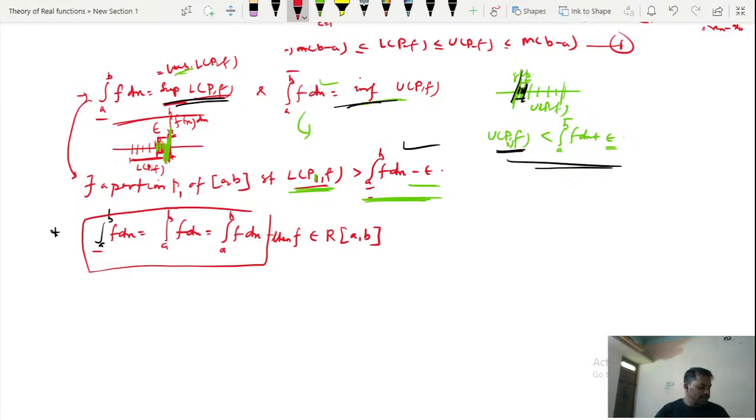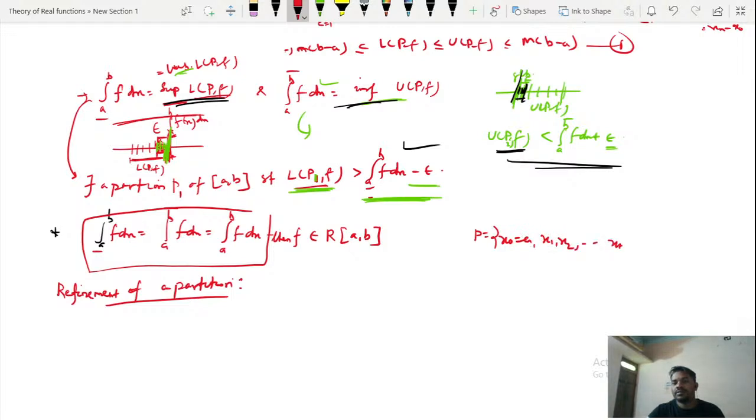Now we come to the refinement of a partition. Before going to this refinement, we already know what a partition is. P has x naught, which is equal to a, then x1, x2, like this, up to xn minus 1, and xn is your b.